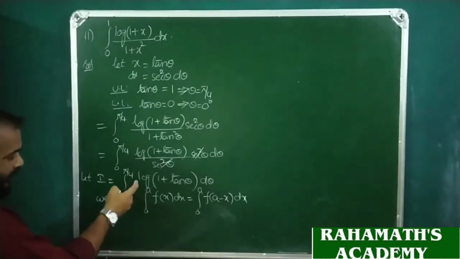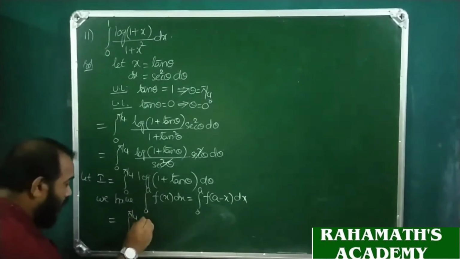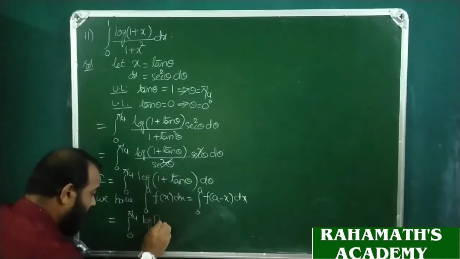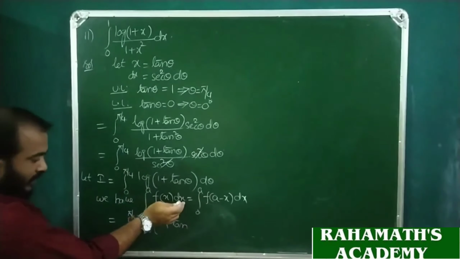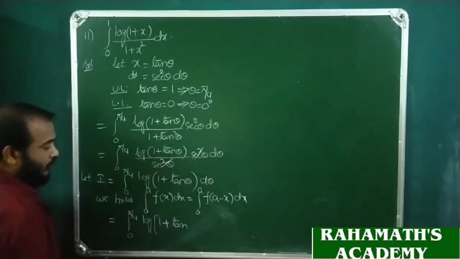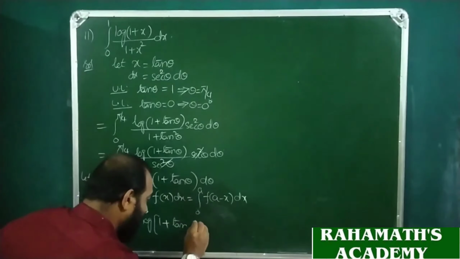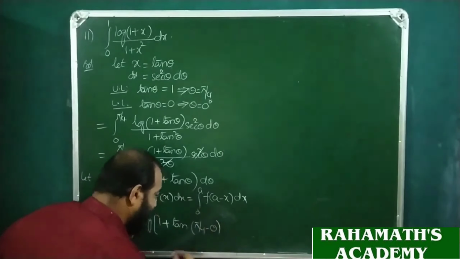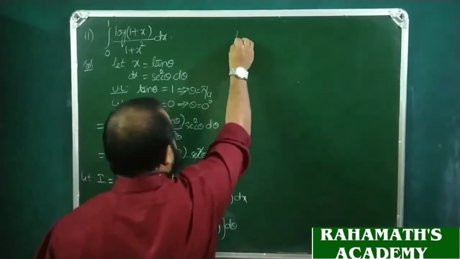If you apply this property here, what it tells is, in the place of x, upper limit minus x. So in the place of theta, pi by 4 minus theta, inside tan of (pi by 4 minus theta) d theta.